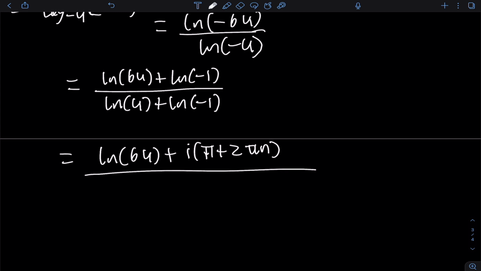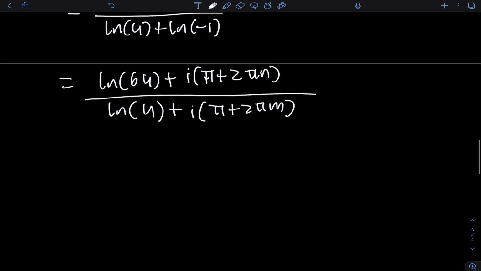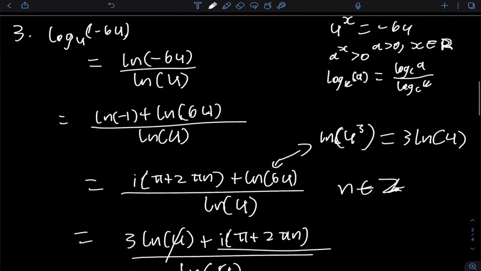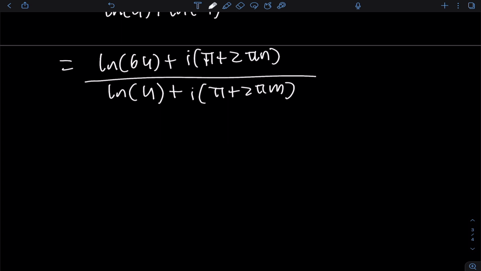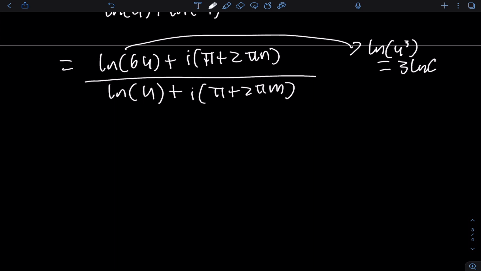And that's over the natural log of 4 plus, and then we have to say i pi plus 2 pi m, for instance, or any other letter, because n is being used here, and if we use an n here, we're saying that the integer multiples are the same, which they don't have to be, and in our case, to reach our desired answer, they will be different. So where do we simplify from here? Well, we use the same idea of breaking the natural log of 64 down into the natural log of 4 cubed, which is 3 times the natural log of 4 once again.